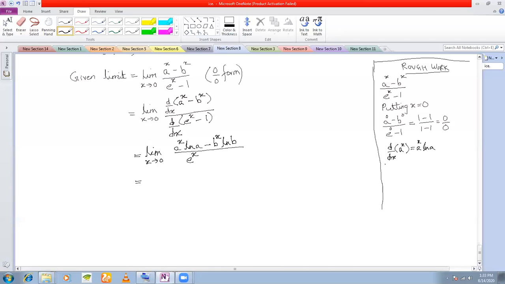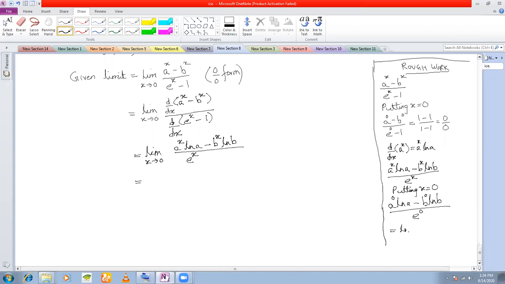Now let's check whether we have got a determinate form or not. So we have a to the power of x ln a minus b to the power of x ln b divided by e to the power of x, putting x equal to 0. a to the power of 0 ln a minus b to the power of 0 ln b by e to the power of 0.